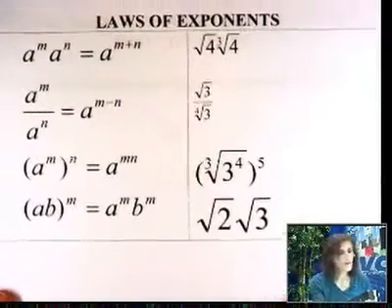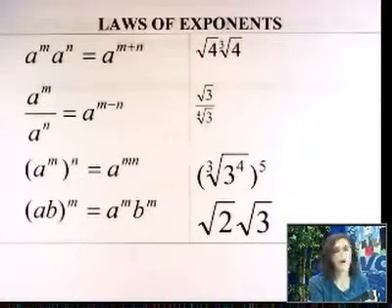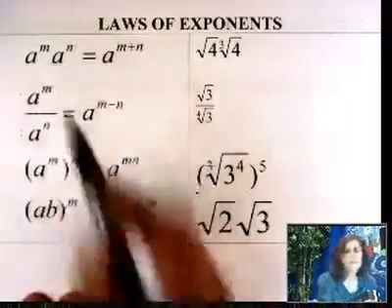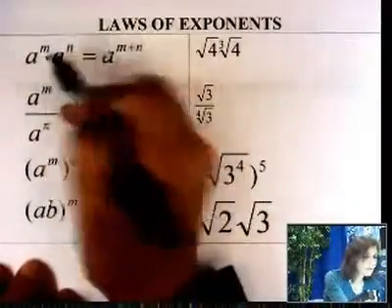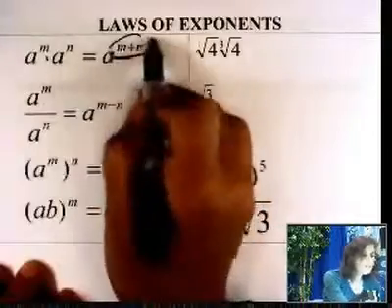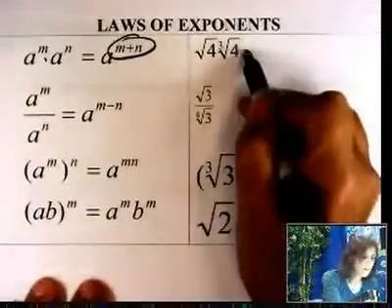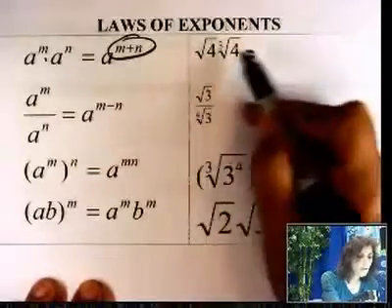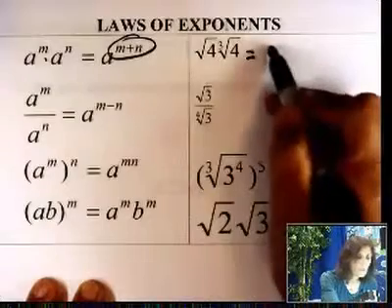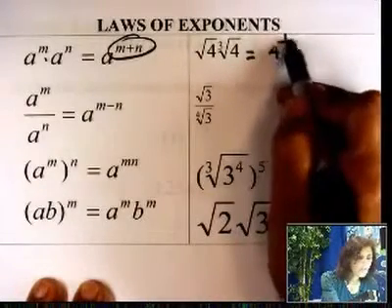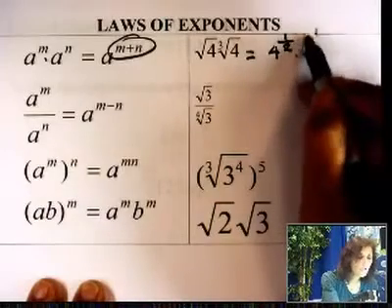Now let's look at a couple of rules, how this works. I know that in a regular exponent, a to the m times a to the n, you add the exponents. Well, how do I do that from the radical notation? You can do it like this. Watch. You can go 4 to the 1/2 times 4 to the 1/3.